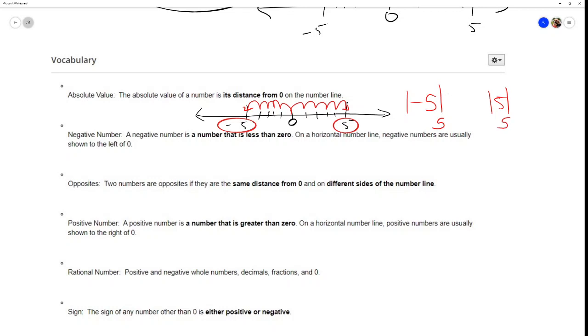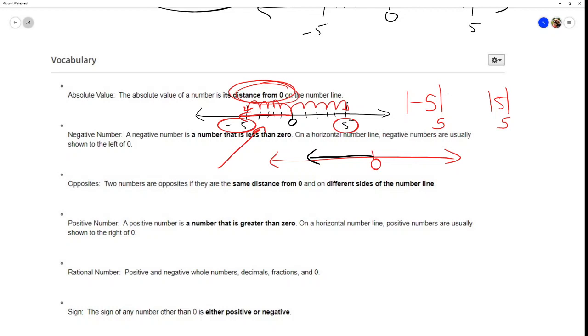Okay, it's the distance away from 0. A negative number is a number that is less than 0. That would be anywhere from this 0 to the left. Okay, it's anywhere from the 0 that way.